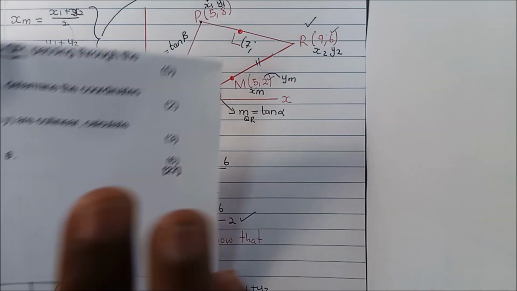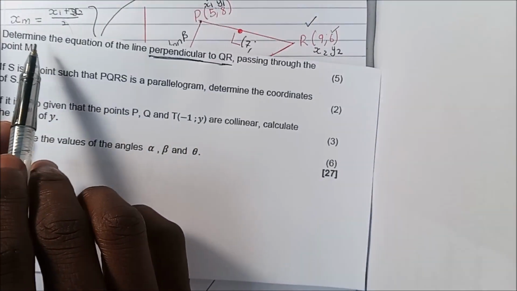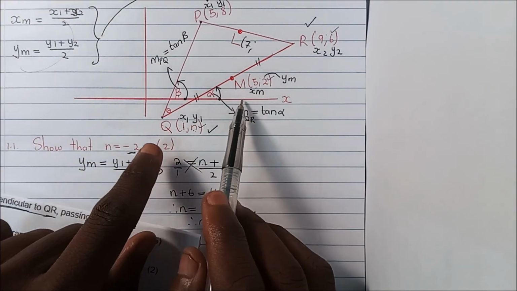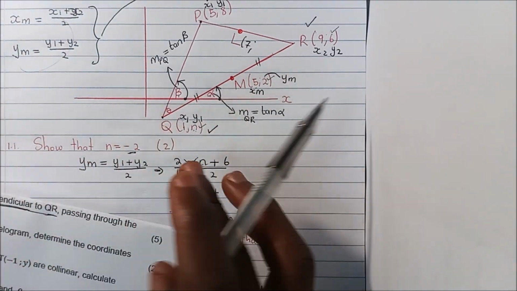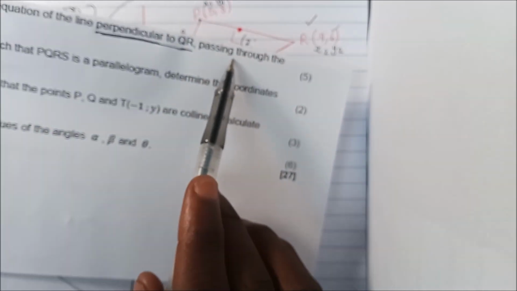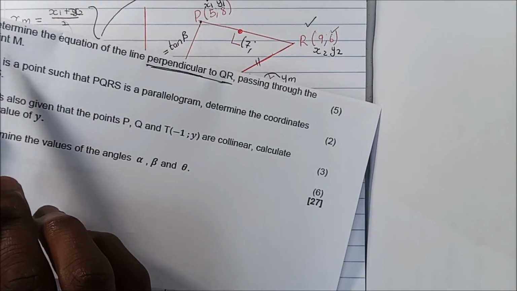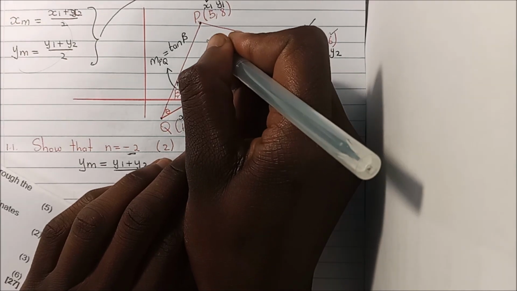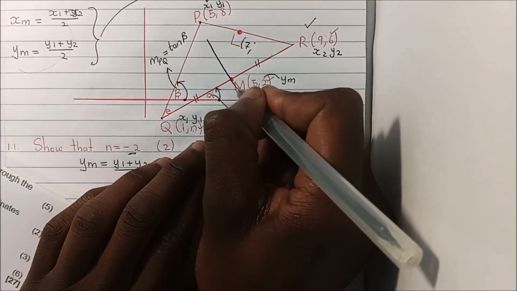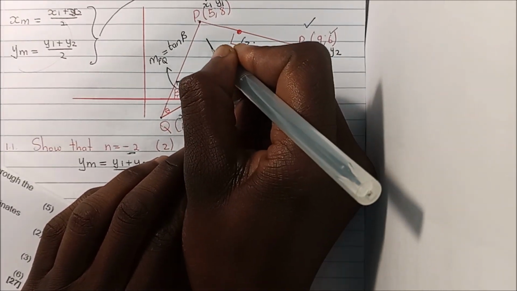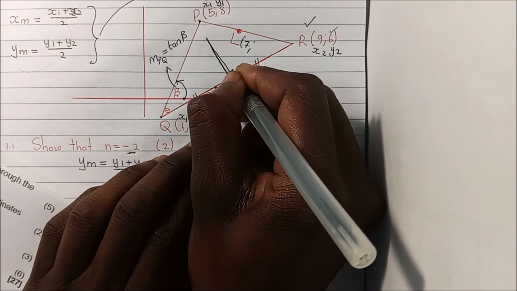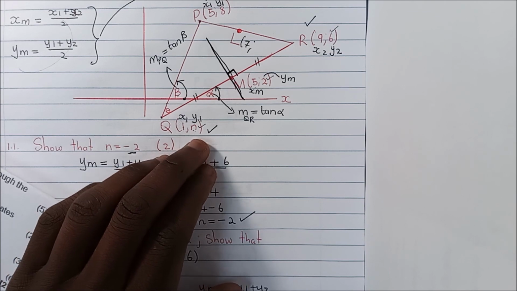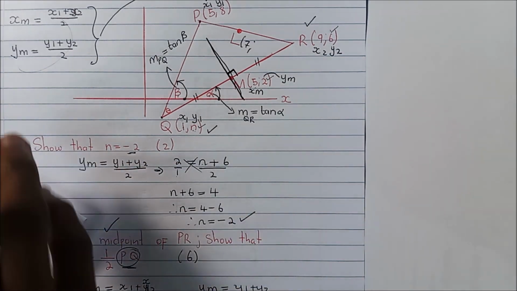Where is QR? Here is QR. And they're saying the line passes through the point M. So that means something like this. The angle here is 90 degrees, because they said that line is perpendicular to QR.